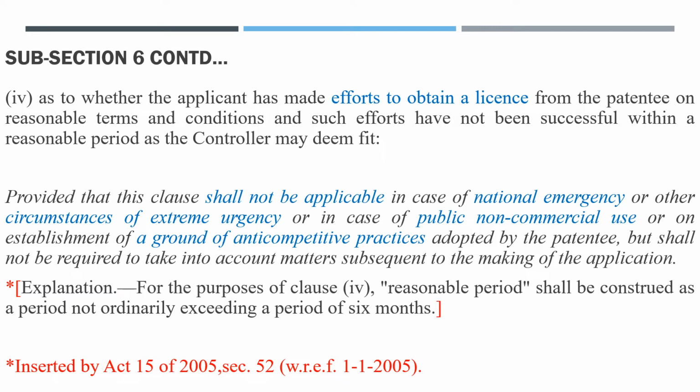This clause is not considered by the controller in case of national emergency, extreme urgency, public non-commercial use, or on establishment of a ground of anti-competitive practices adopted by the patentee, etc. Well, friends, this is the simple explanation of subsection 6. I hope it is pretty much clear now. We can proceed to the next subsection.